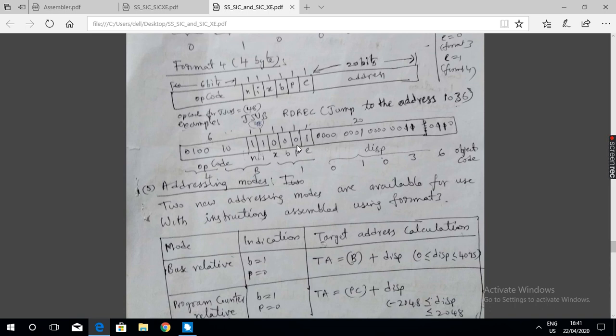It is not program counter addressing mode, not base relative addressing mode, and not index addressing mode. This is an example of a simple addressing mode instruction.